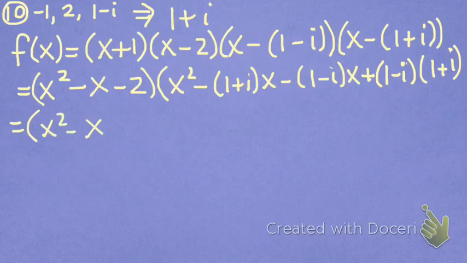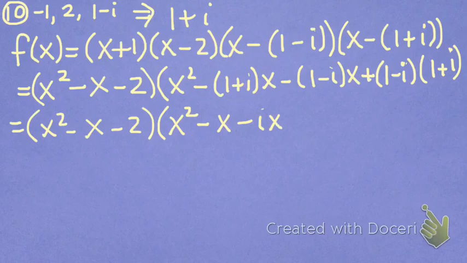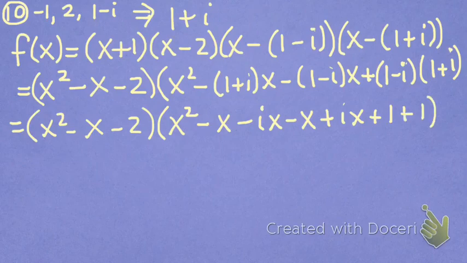So now we're going to put it all together for that second factor. x squared minus x minus 2 times x squared, and again we have the minus x distributing the 1 plus i, so that's minus x minus ix. And then we're going to have minus x distributing 1 minus i, so that's minus x and plus ix. And then when we harness the power of a minus b times a plus b, we get 1 squared, which is 1, and then we have minus i squared, which is negative 1, so we actually get plus 1 out of that final term.